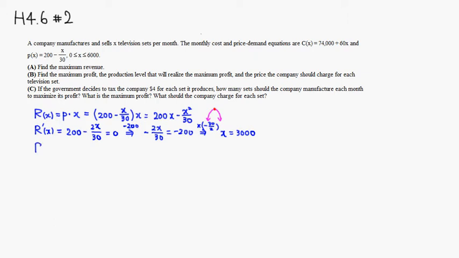R of 3,000 is 200 minus 3,000 divided by 30, which is 100, and then multiply by 3,000. So it's 100 times 3,000, which is 300,000.